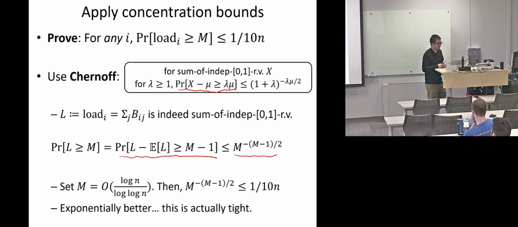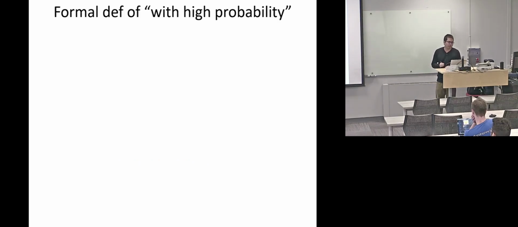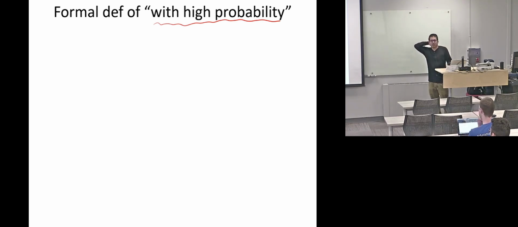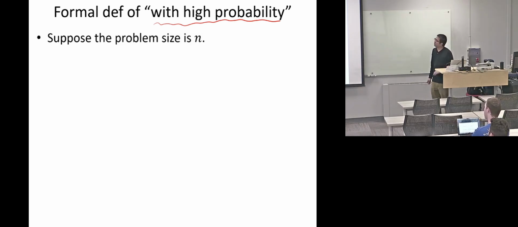Now instead of saying that with 90%, I want to talk about something called with high probability. When we say high probability, this is actually a formal definition, not just some colloquial way to say things. Suppose that the problem size is n.